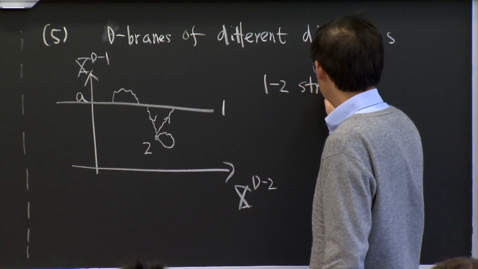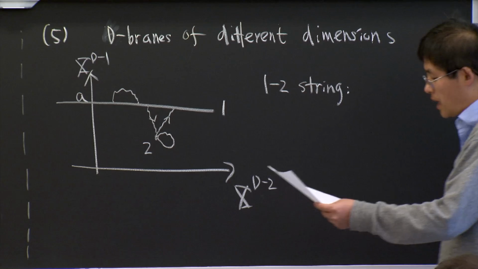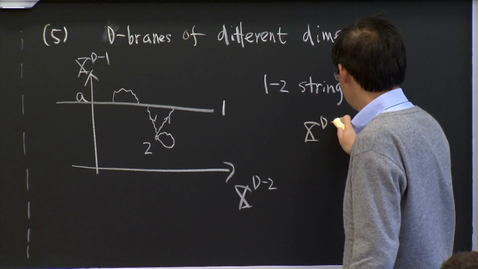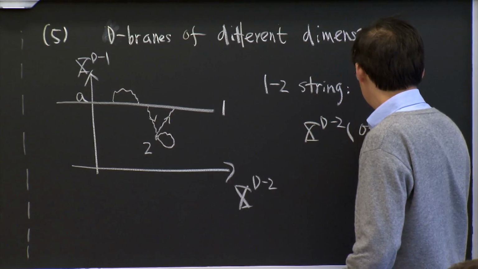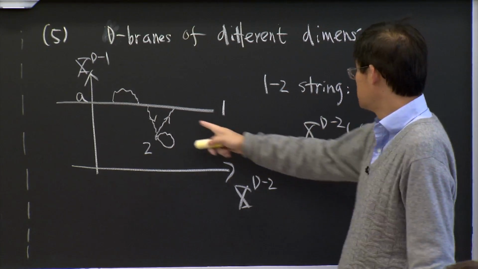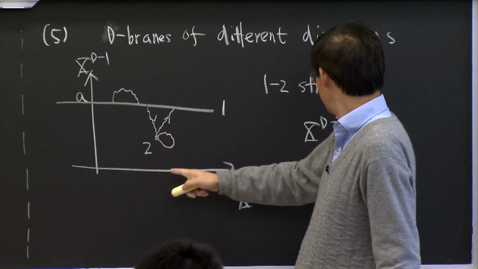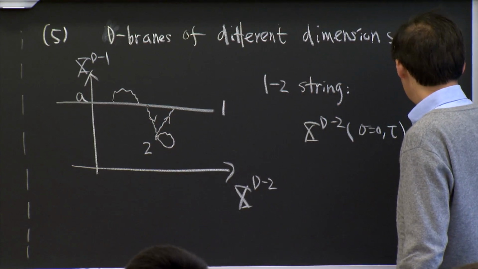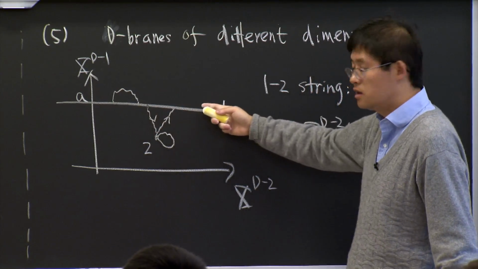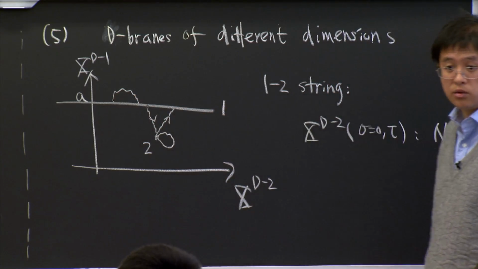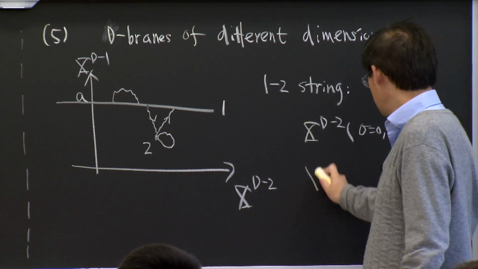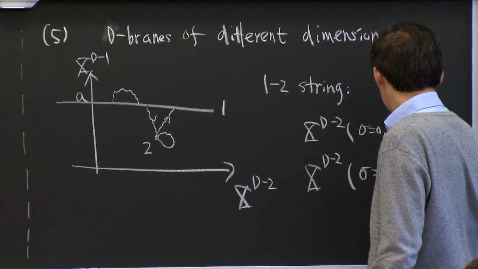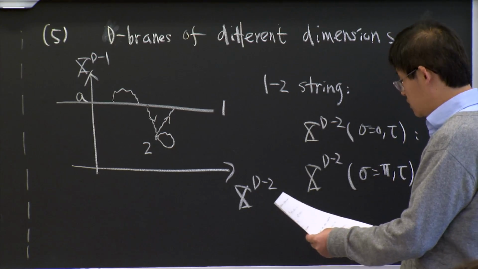Then the 1, 2 string would correspond to the boundary condition, say in the d minus 2 directions, at sigma equal to 0, you impose the Neumann boundary condition, because it can move freely in the d minus 2 direction, but at sigma equal to pi, this should be fixed at some value.